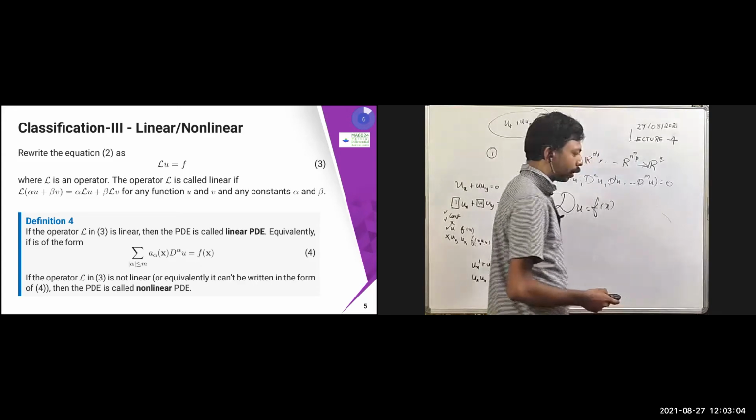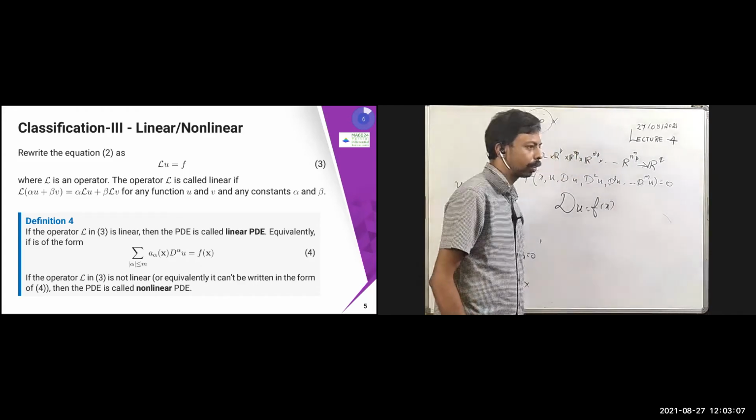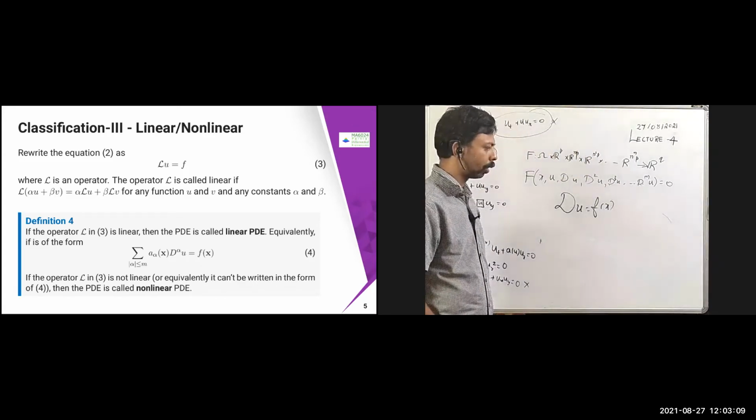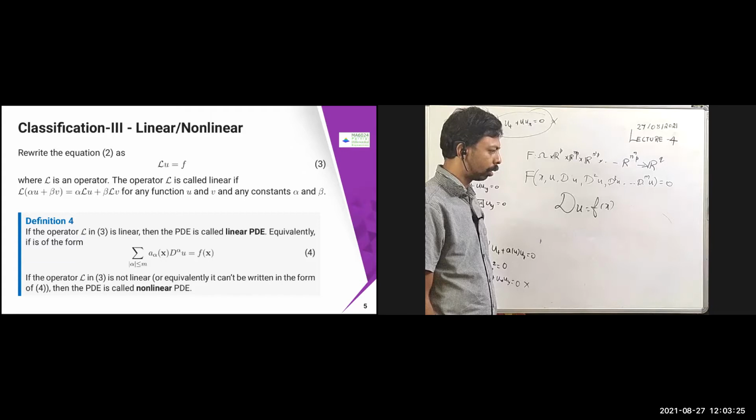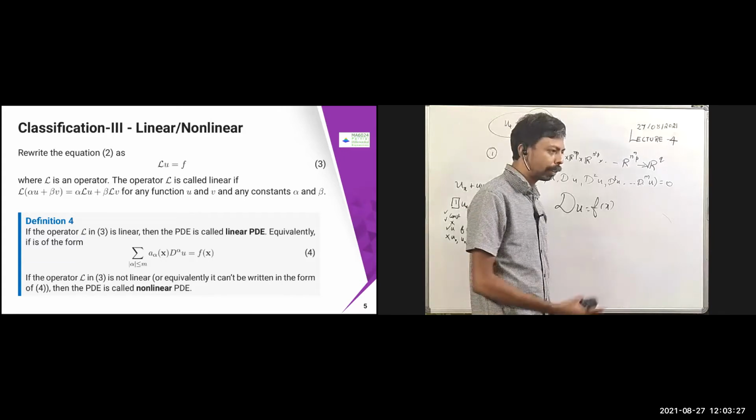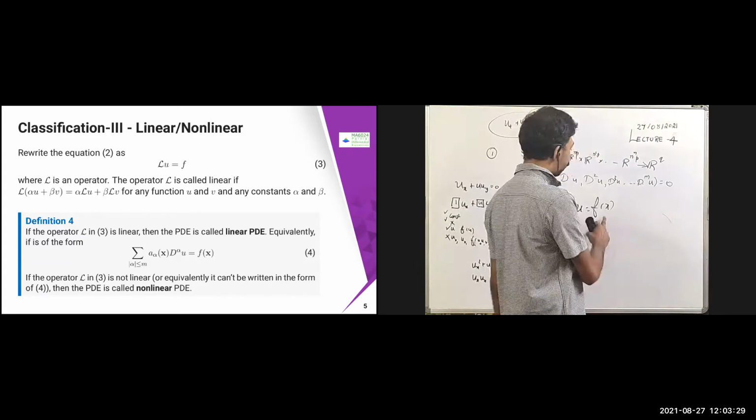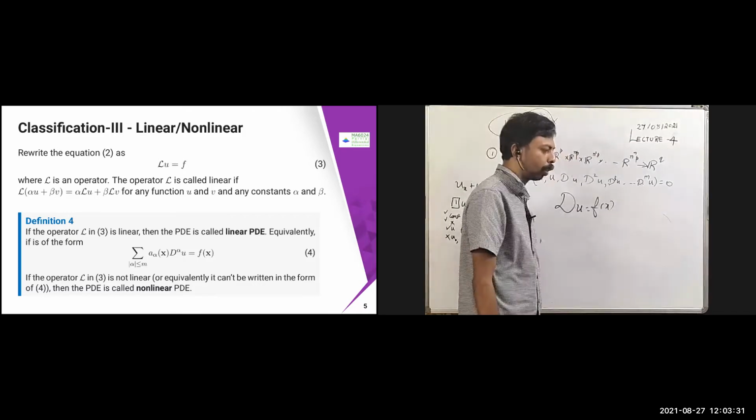Sir, one question. Yeah, please. Here we are saying that a alpha should be a function of x. Is this because the right hand side is a function of x? The right hand side is always a function of x only.